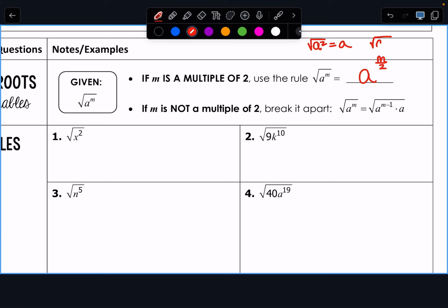The square root of a to the fourth would be a squared. Do you get what I'm saying there? The square root of a to the 10th would be a to the 5th. If it's not an even exponent, then we're going to have a leftover guy.